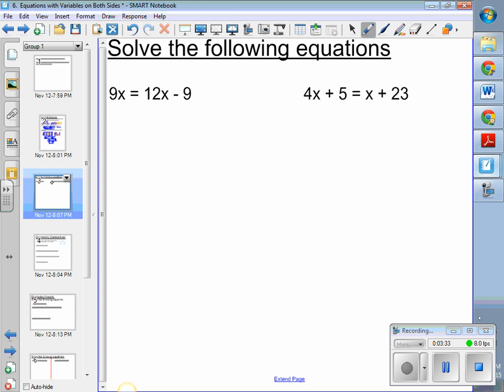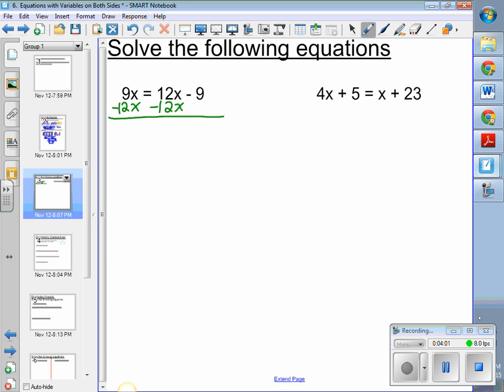All right. So we have 9x equals 12x minus 9. We're going to subtract the 12x. You know what? I'm going to move that over if I can, because it's awfully crowded. There we go. Try this again where I have space. Sorry. So subtract 12x again. I actually have room to write it.